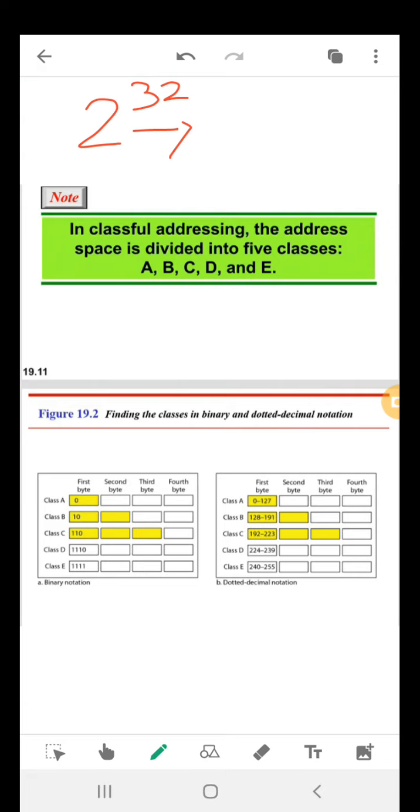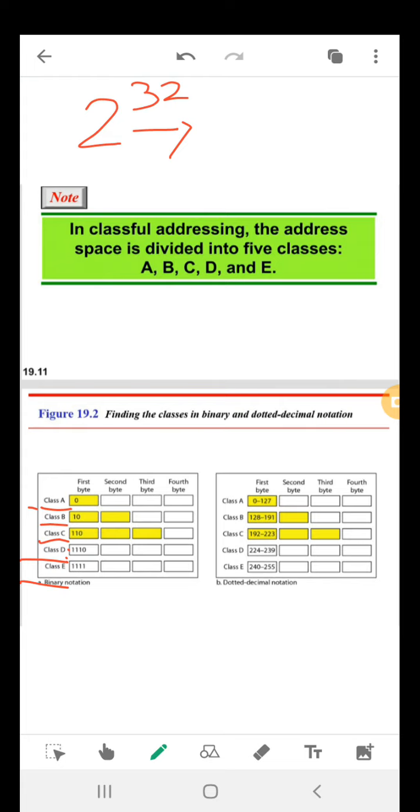In classful addressing, this 2 raised to power 32 number of IPv4 addresses is divided into 5 classes, that is A, B, C, D, and E. How that division has been done is, every IP address that starts with 0, that is, if the first bit is 0, then it belongs to class A. Every IP address having the first 2 bits as 10 belongs to class B. Every IP address whose first 3 bits are 110 belongs to class C. In class D, all those IP addresses go with the first 4 bits as 1110, and in class E, the first 4 bits have to be 1111.